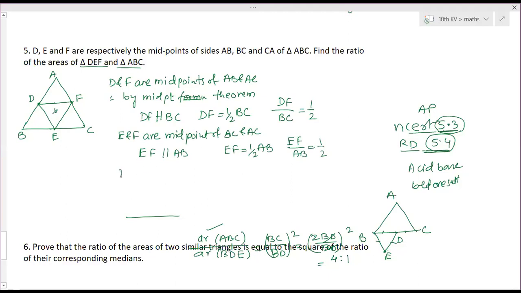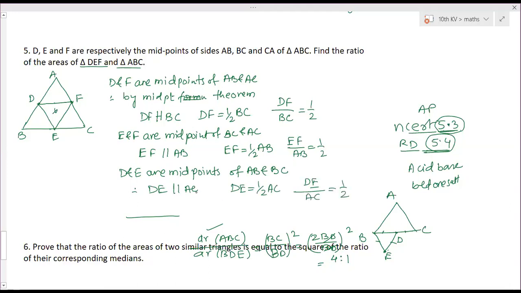Again, D and E are midpoints of AB and BC. So therefore, DE is parallel to AC and DE is half of AC. So therefore, DE by AC is equal to 1 by 2.